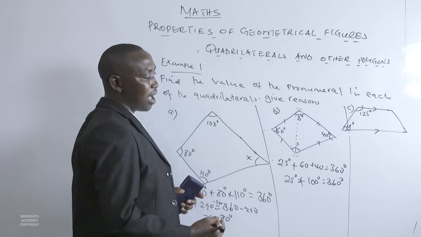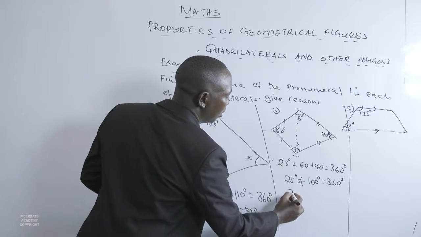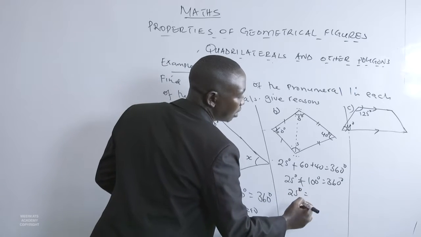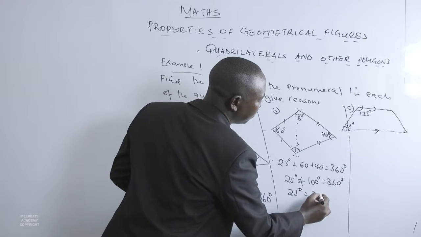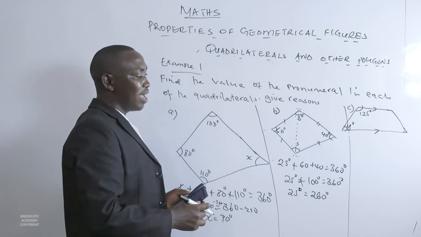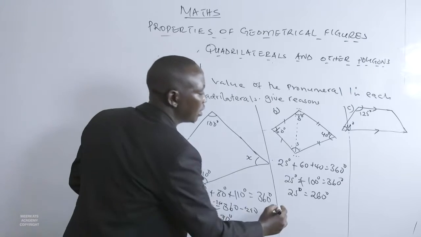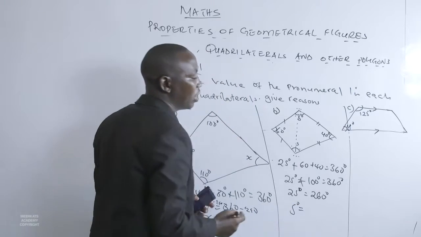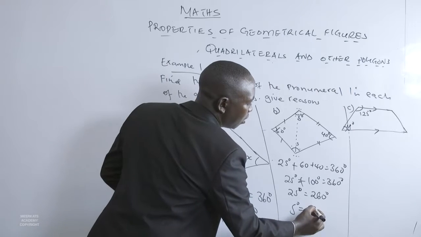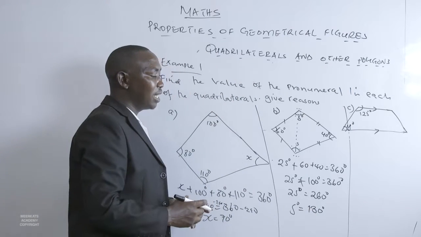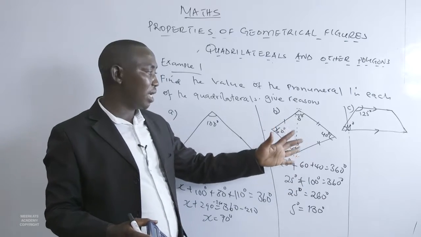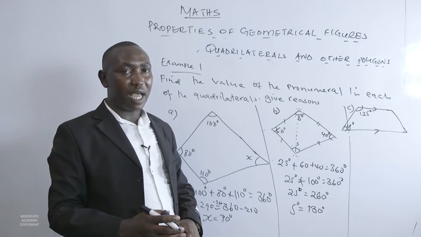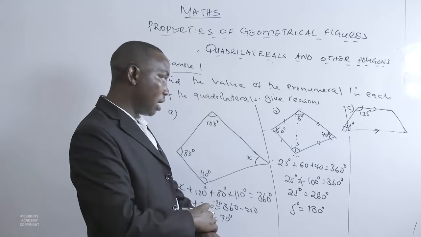Then we subtract 100 from both sides, which will give us 2S equal to 260 degrees. Therefore, to find the value of 1S, it will be 260 divided by 2, which will give us 130 degrees. So this tells us that one of the angles, which was unknown, is 130 degrees.